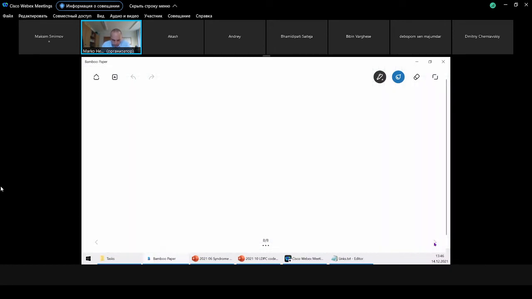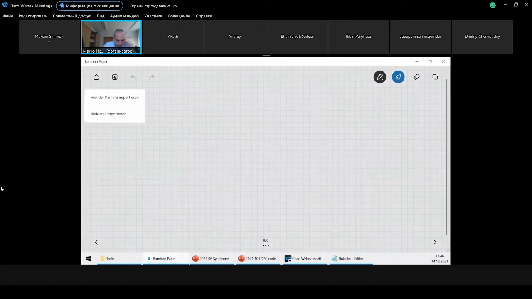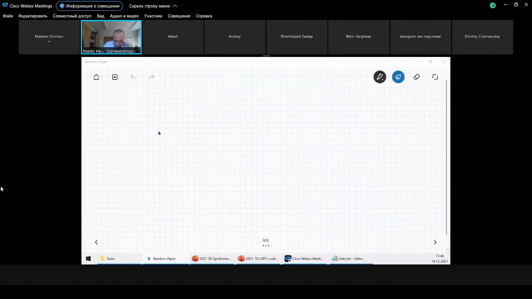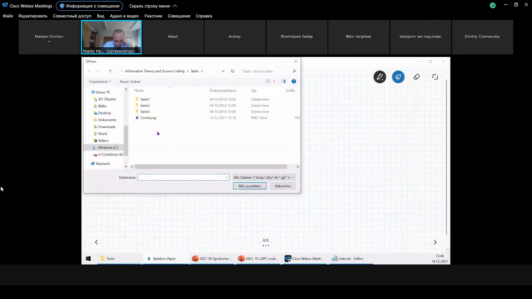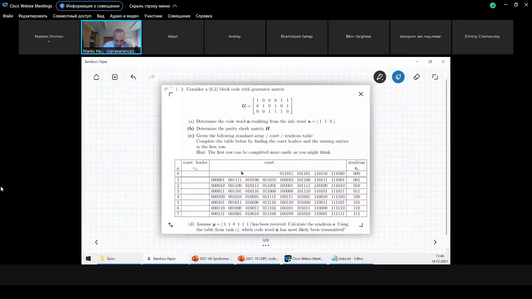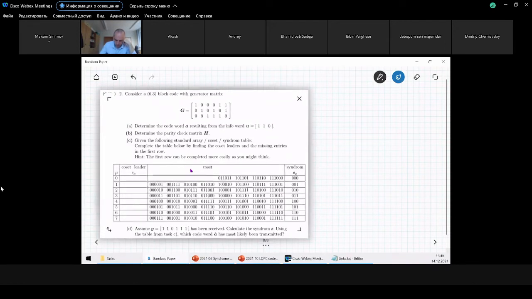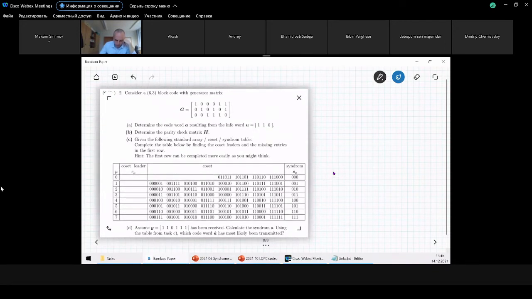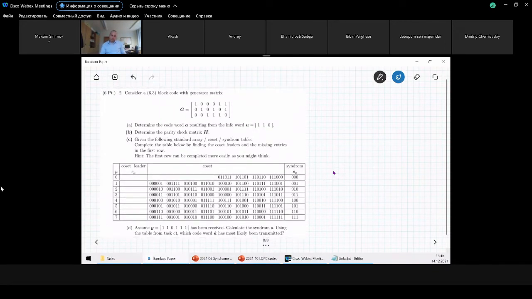Okay. So actually, I want to copy in here an exam task that we had a couple of years ago. This one. Because it's a lot to write, I almost completely prepared this table for you in the exam.